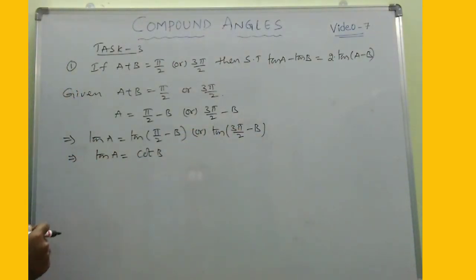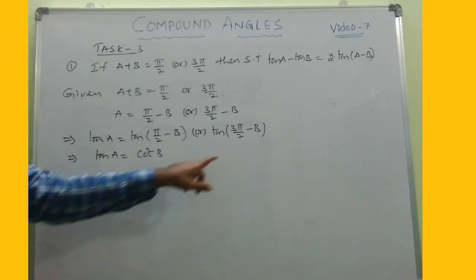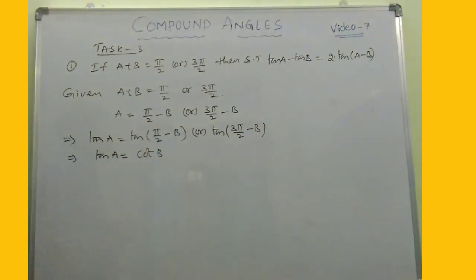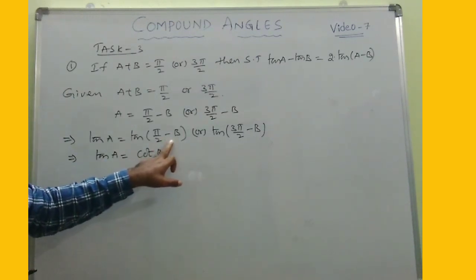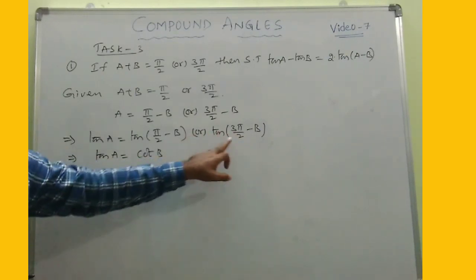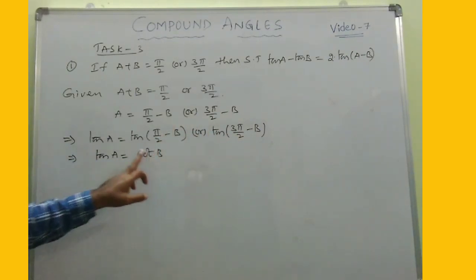Next, regarding sign, whether it is plus or minus, you know, my dear, this is 270 minus theta. Can you guess the quadrant in which it lies? The quadrant is nothing but third quadrant, 270 minus theta and 180 plus theta. Third quadrant, tan anyhow positive. So either this or this, both are equals to cot b only.